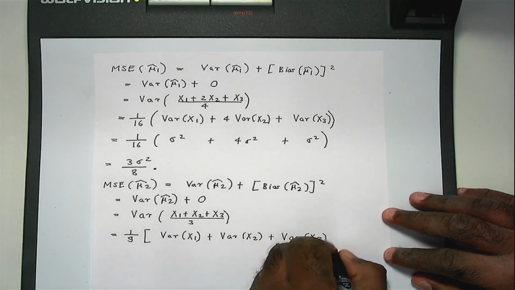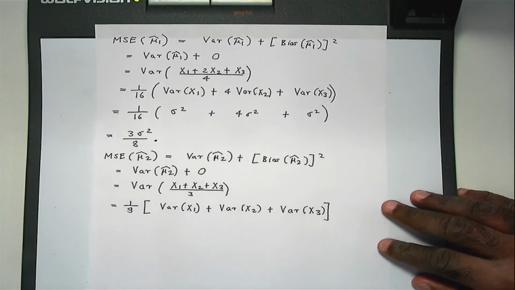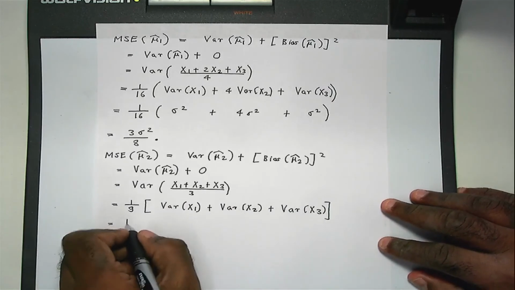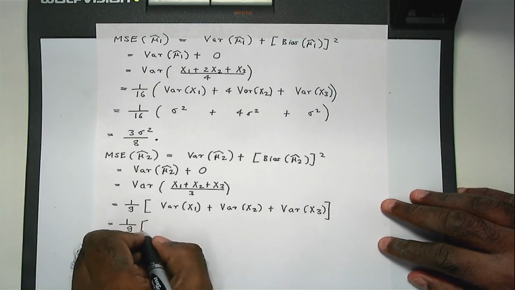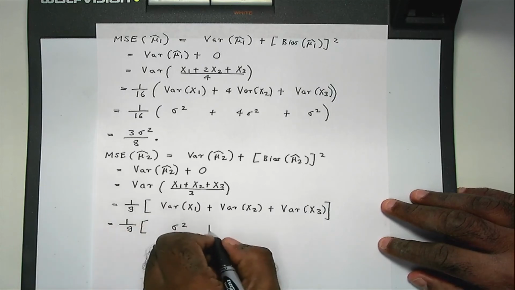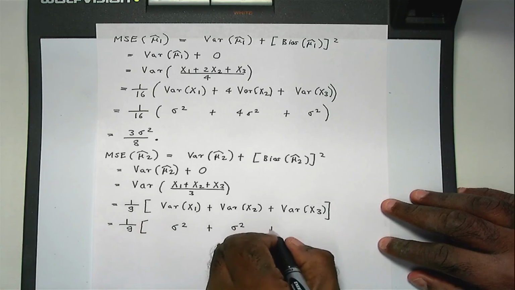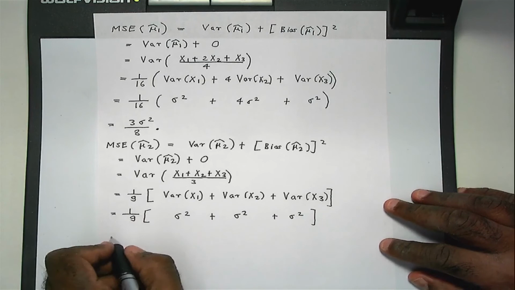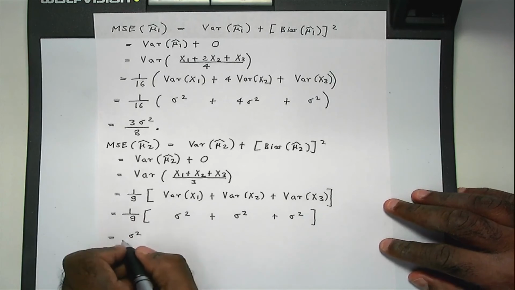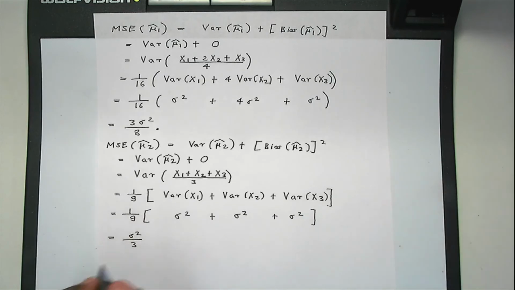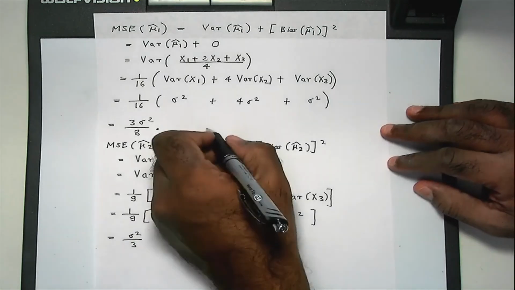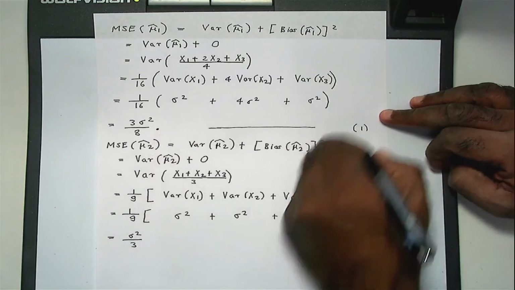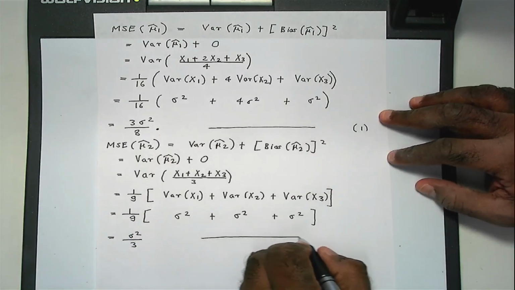Now each of these is equal to sigma squared, so it's 1 over 9 times 3 sigma squared, which is sigma squared divided by 3. Right, let me call this equation 1. Let me call this equation 2.